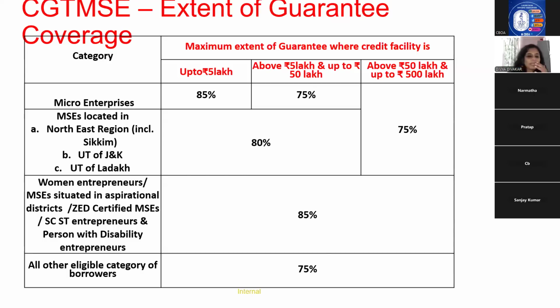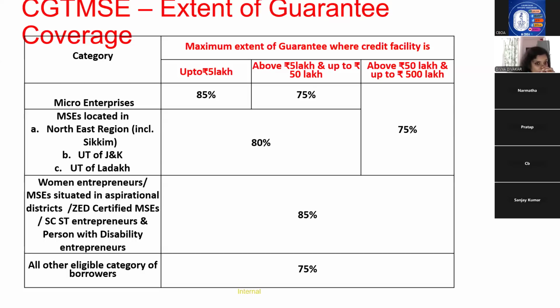Normally, whom will we think of as a category that needs extra support in society? It will be women, then those aspirational districts, then SC/ST, then people with disabilities.